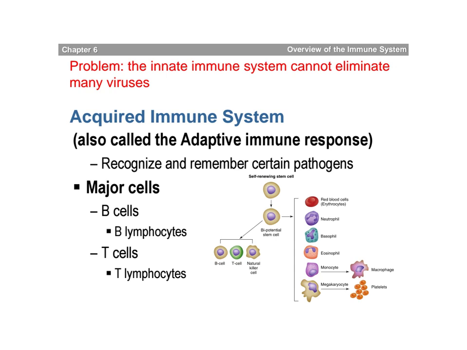This is a system that infants may be testing out by putting objects in their mouth and essentially ingesting bacteria. This system is able to recognize and remember certain pathogens. There are basically two main types of cells involved in this: B cells, also called B lymphocytes, and T cells, also called T lymphocytes.